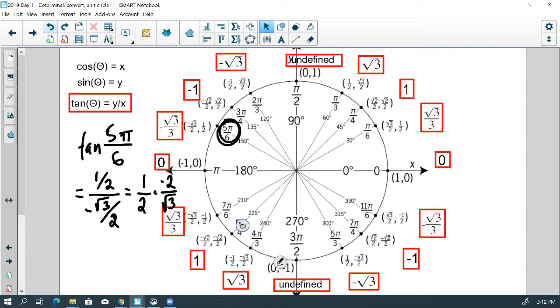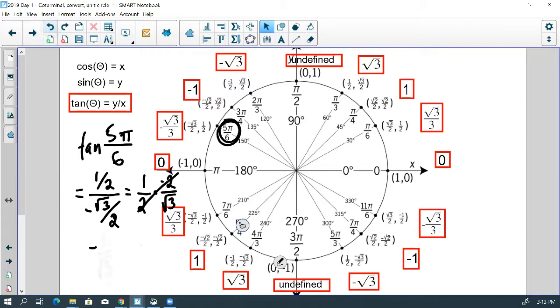You're flipping the divisor and changing it to multiplication. The 2's cancel out, leaving you with negative 1 over rad 3. And then if you rationalize the denominator, so multiply by rad 3 over rad 3, you eventually get negative rad 3 over 3.